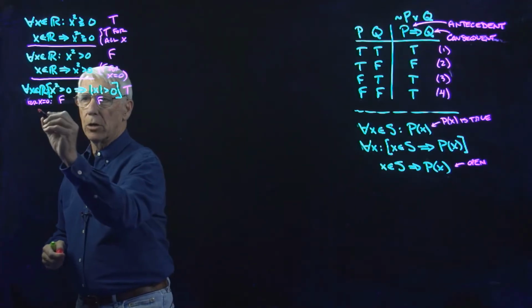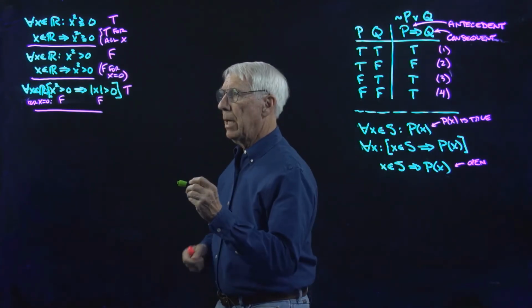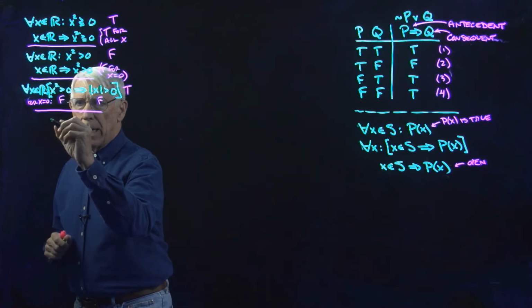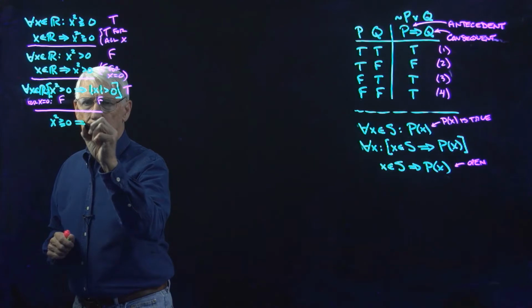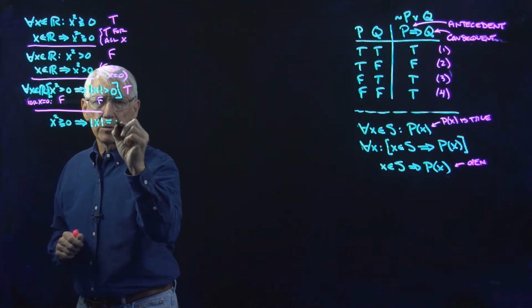Okay, so let's say x squared greater than or equal to 0 implies absolute value of x equals 0.